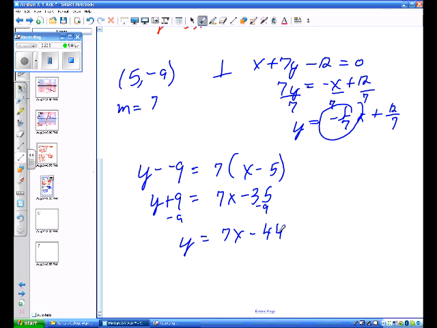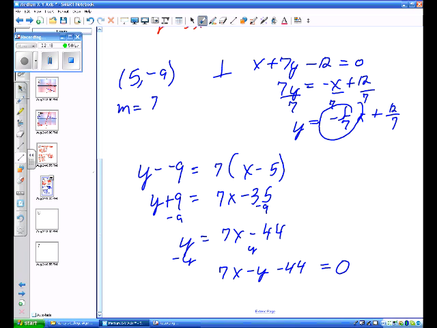Now that's if you want your answer in slope-intercept form. If we want it in standard form, well, let's simply subtract y from both sides, but let's put it after the x. So we would end up with 7x minus y minus 44 equals 0. And that would be our answer in the general form.